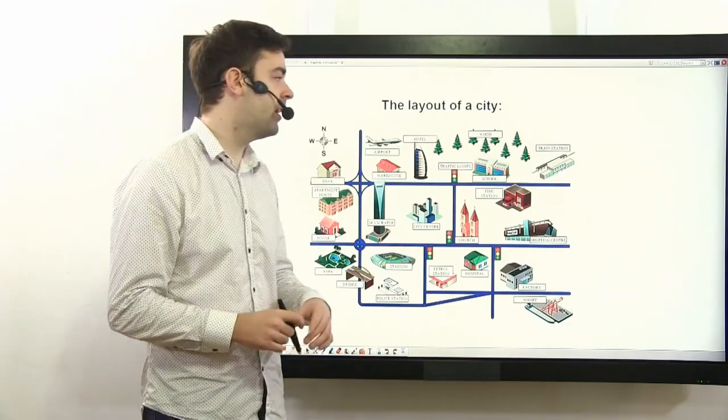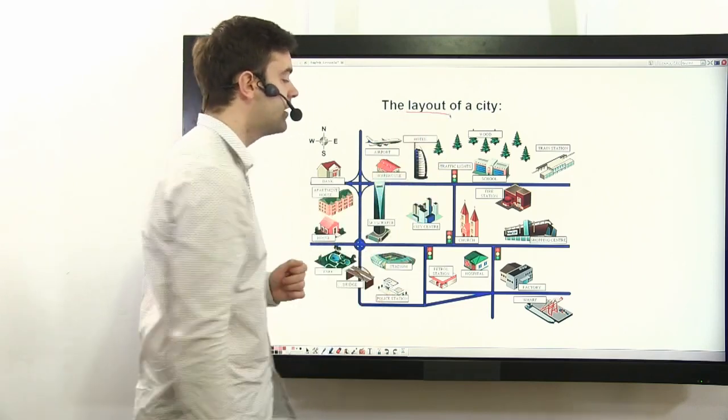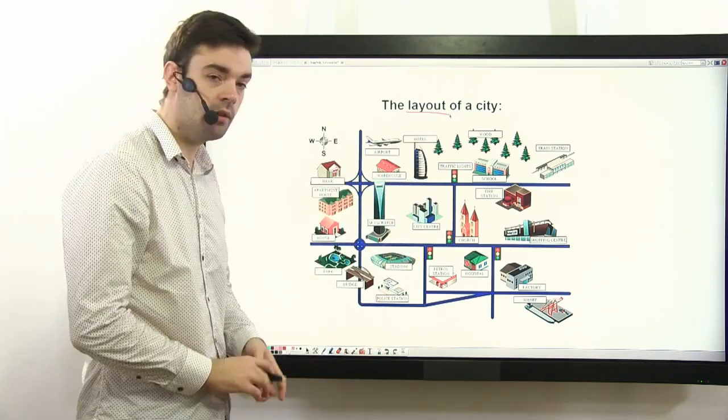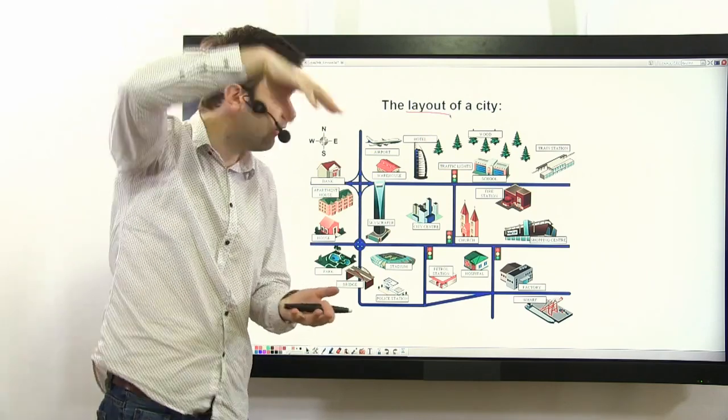Let's take a look at the layout of a city. So here we have a layout, and this is again from above.